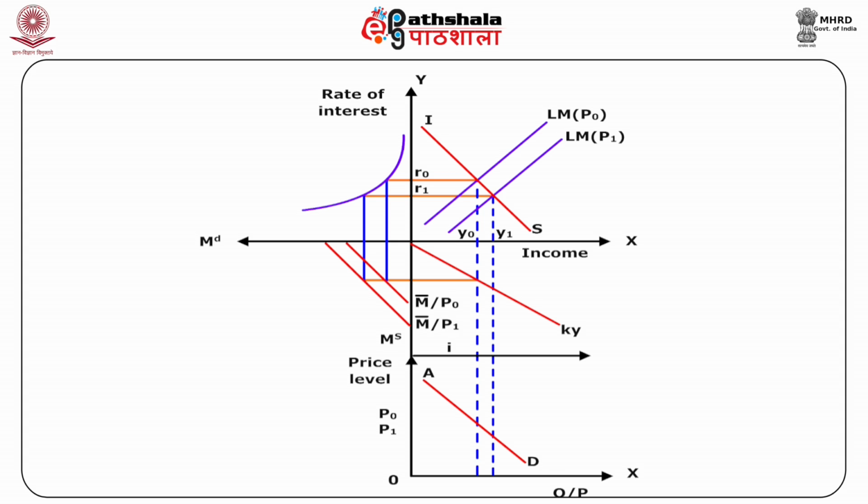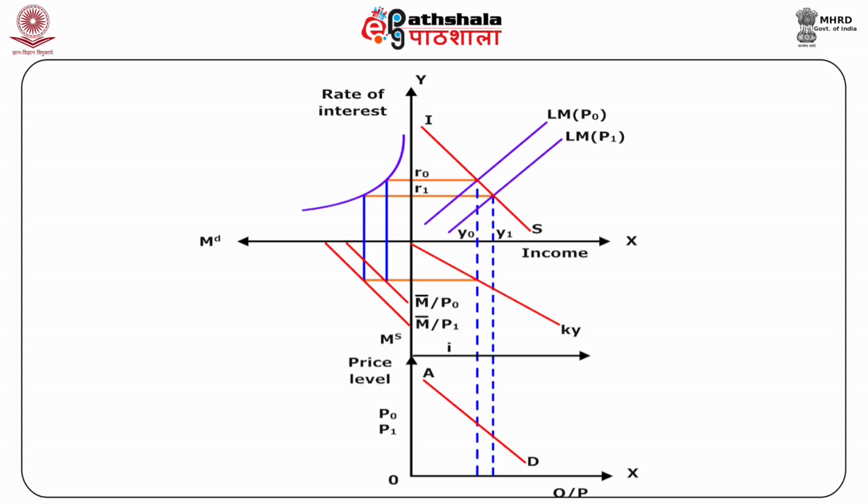In the fifth quadrant, on the x axis we have output or production, or you could call it aggregate demand. In equilibrium it would be aggregate demand, and on the y axis in the fifth quadrant we have price level. P0 is a higher price level and P1 is a lower price level.